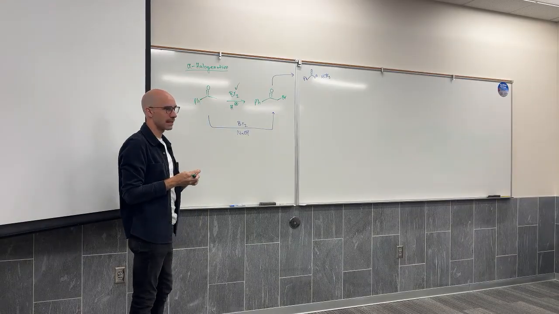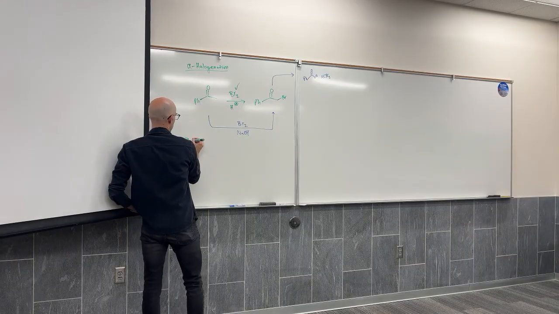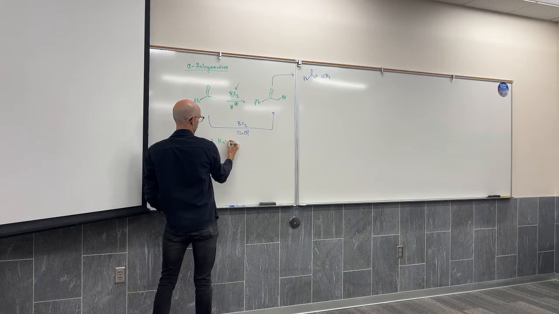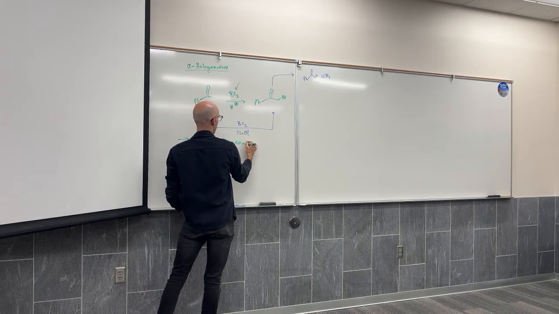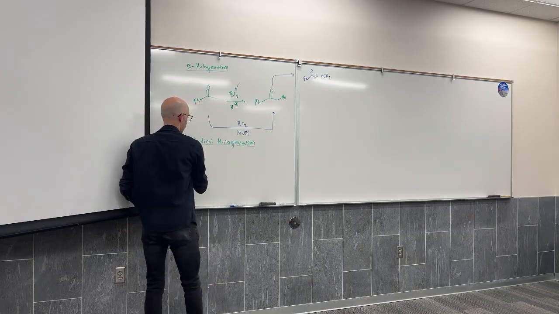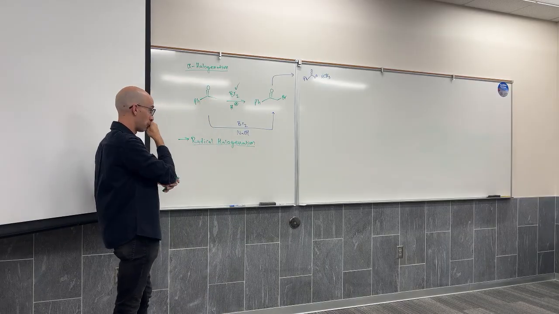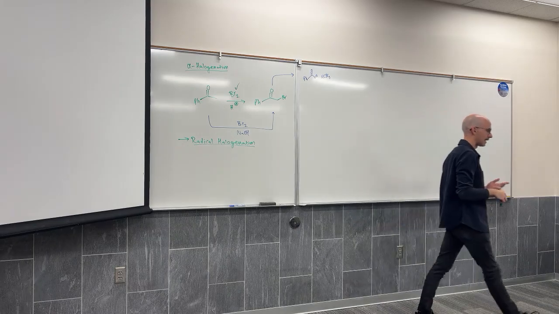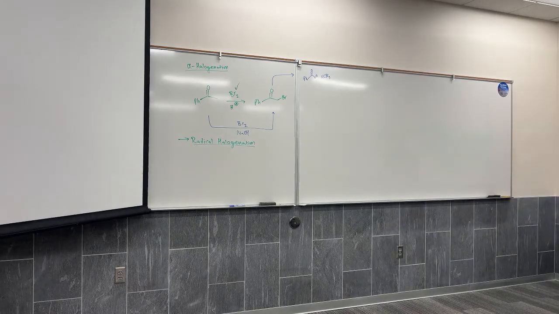The last way that we can alpha halogenate is through radical halogenation. And this is exactly like what you saw in OChem 1 when you saw radical halogenation of alkanes and allylic positions.